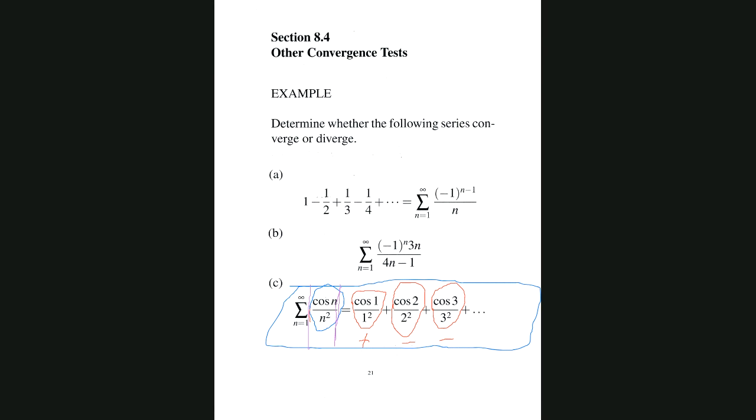Now that's not our series, but what if we looked at that series and studied if it converged or diverged? Maybe based on that, we could get an answer for our series. So that's going to be our approach here. So let's get to the solution.